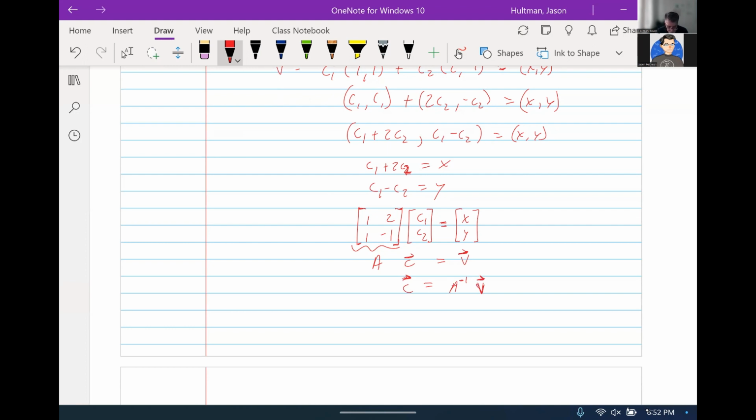So there's kind of an interesting, easy way to see if something is invertible, and therefore the system would have a unique solution.